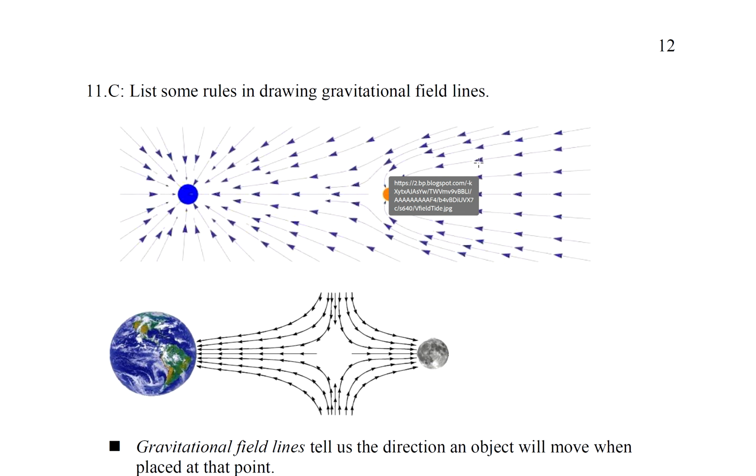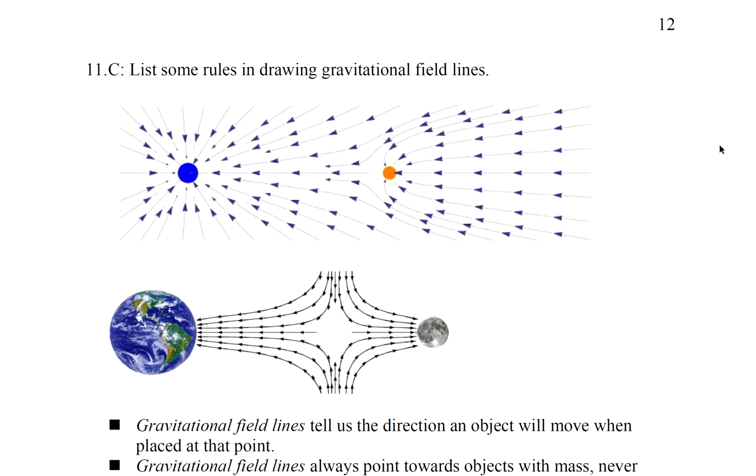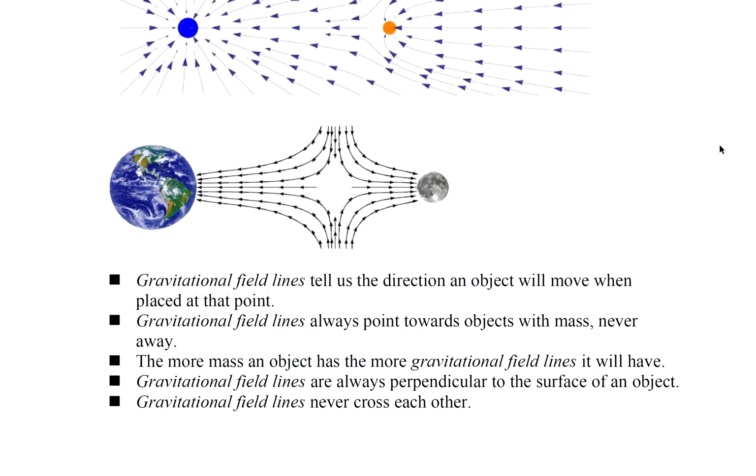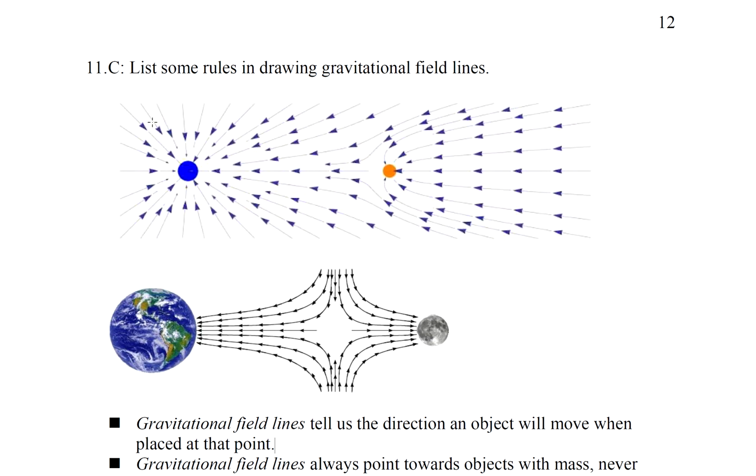Question 11. List some rules in drawing gravitational field lines. So these two images are gravitational field lines. Gravitational field lines tell us the direction an object will move at that point. Imagine anywhere there's an arrow, put an object on that arrow and release it.